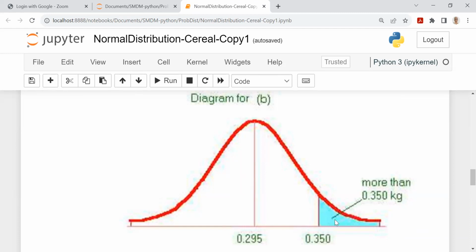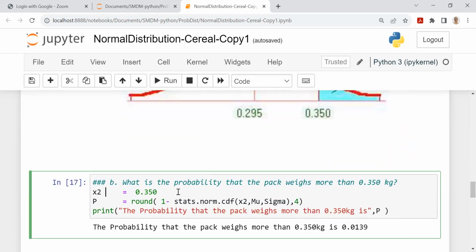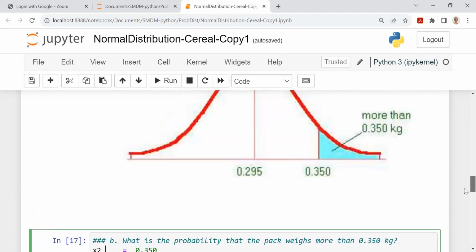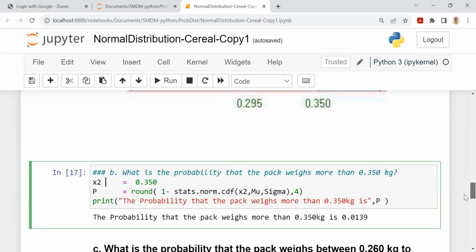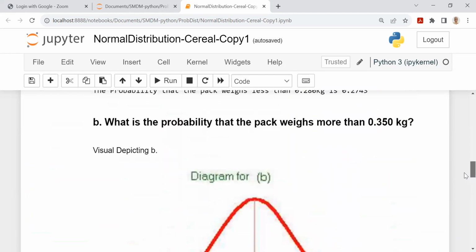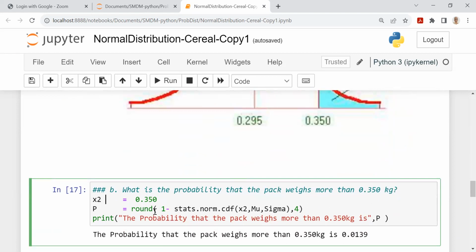We shade this area, which is wanted, and therefore, as told earlier, I should do 1 minus the cumulative. So I put x2 is equal to 0.35, which is this ordinate. We have already defined mu and sigma. They don't change. And P is the probability rounded to 4 places as before.